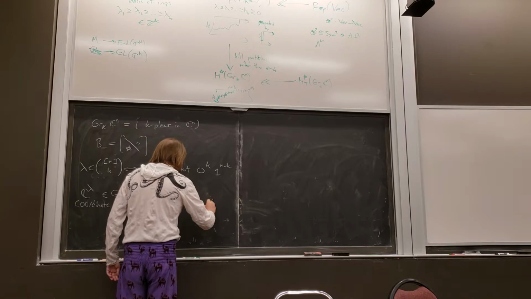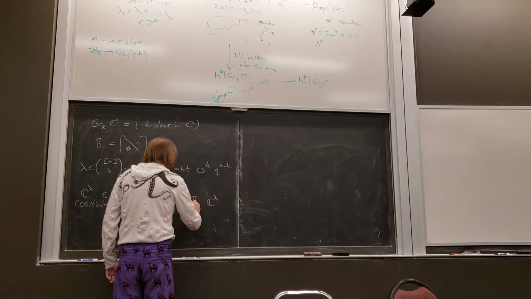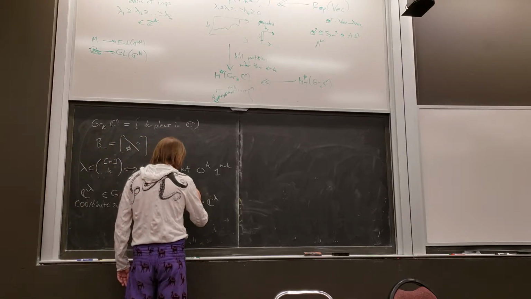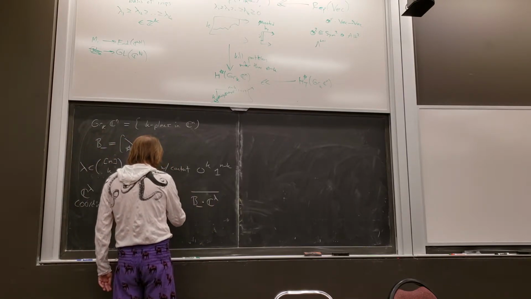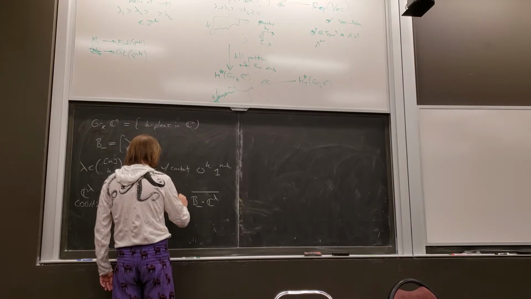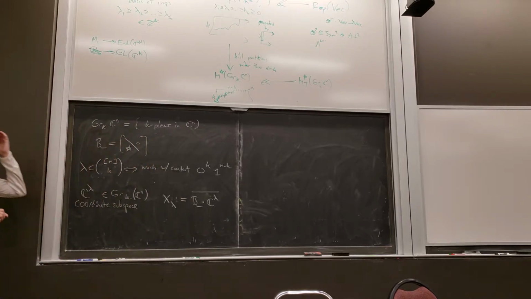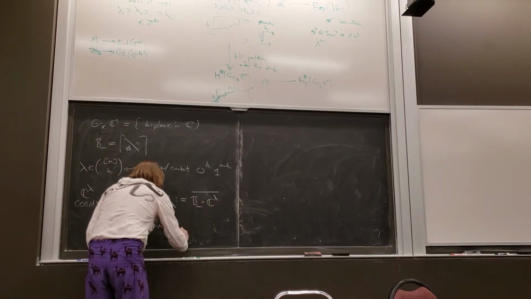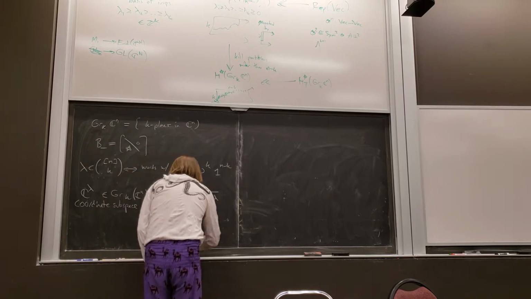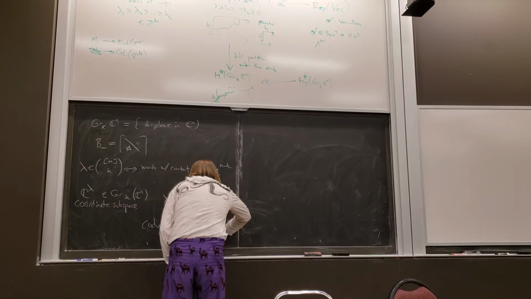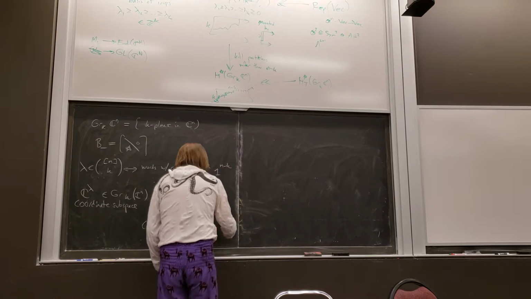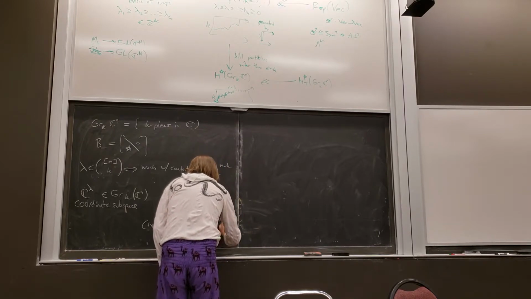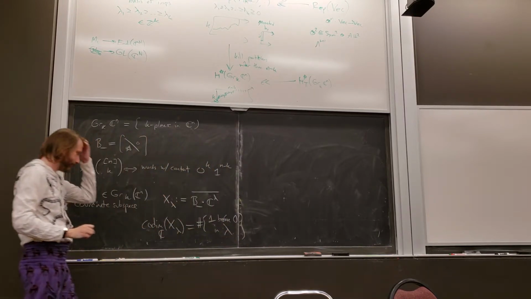And then I'm going to take that coordinate subspace and hit it with lower triangular matrices and take the closure, and that will be my definition of X lambda. And in particular, the complex codimension of X lambda will be the number of ones before zeros in lambda.